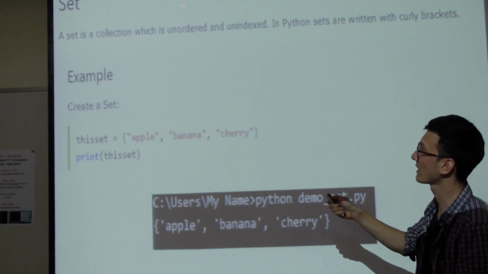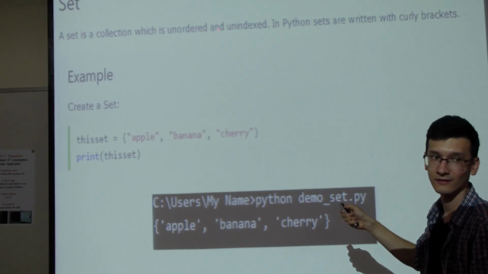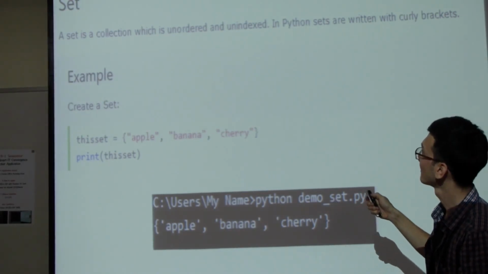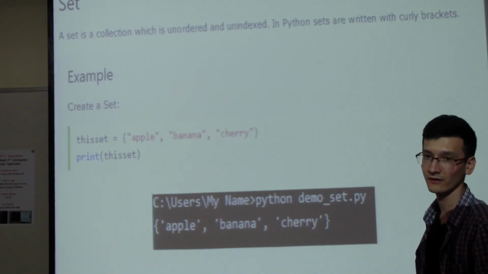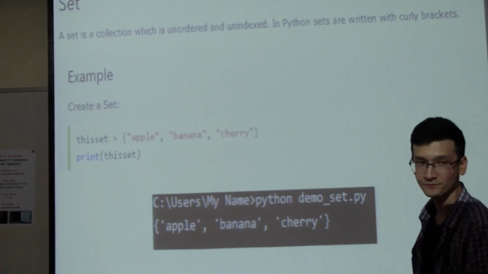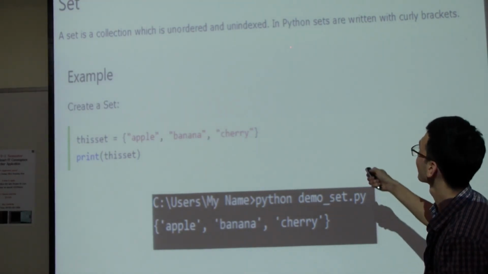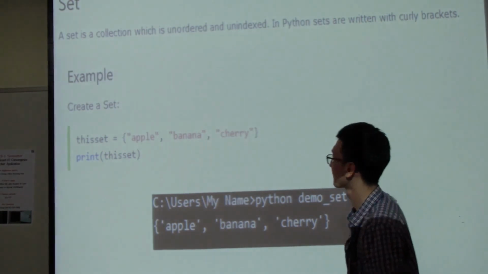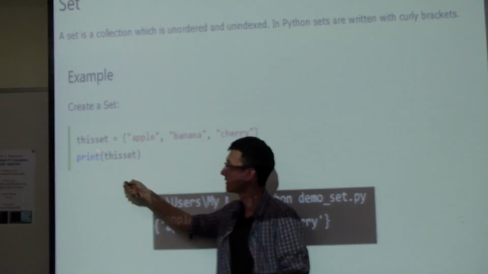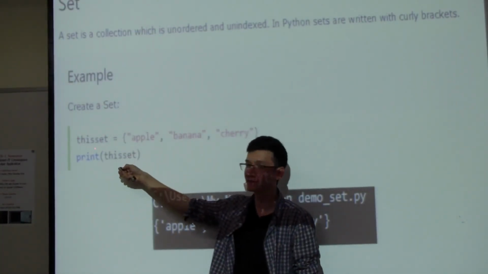Because it's unordered, the values can't be indexed. What does unindexed mean? I will explain. In Python, sets are written with curly brackets. For example, we created this set.